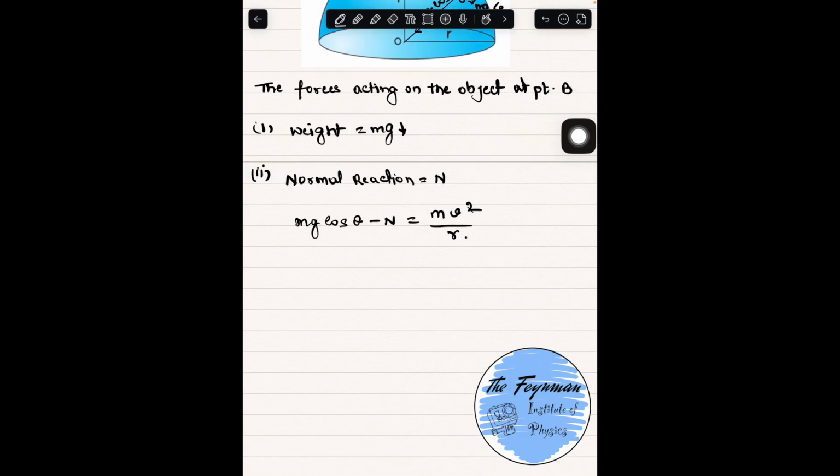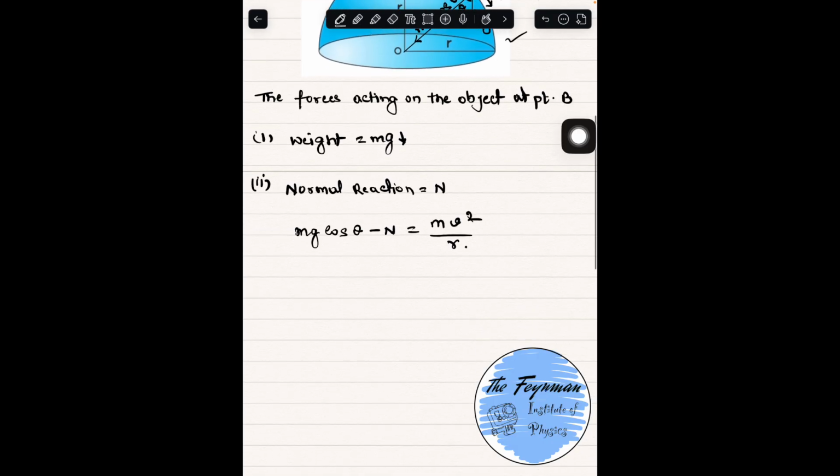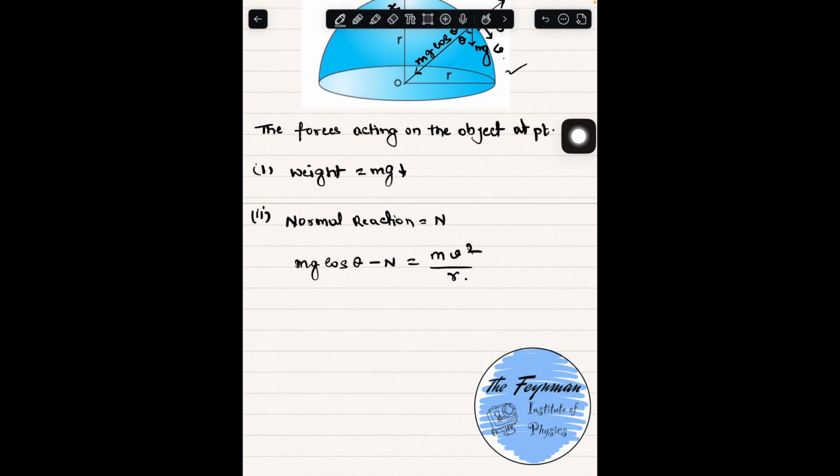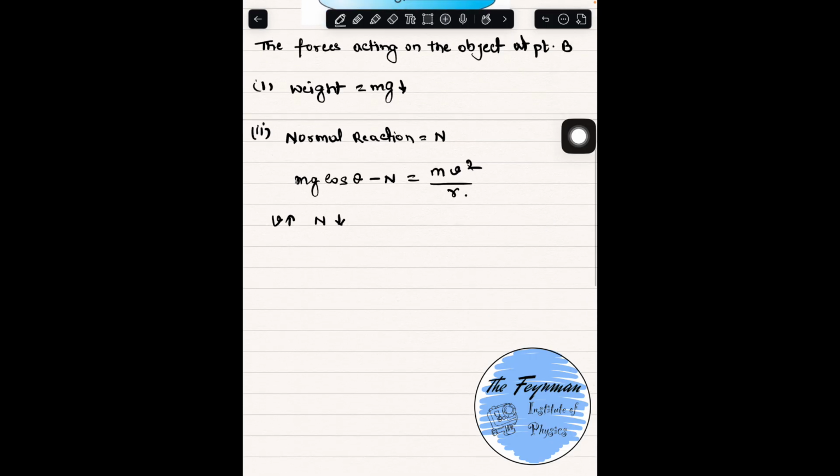Now as the object moves down the hemisphere, the velocity v will increase and the normal reaction N will decrease. As a result, there will be a situation when mg cos theta will be equal to mv squared by r, that is N will be equal to 0, and this is the point of detachment.